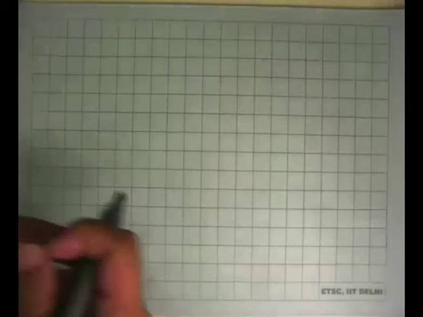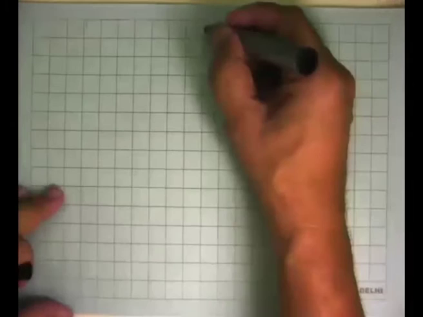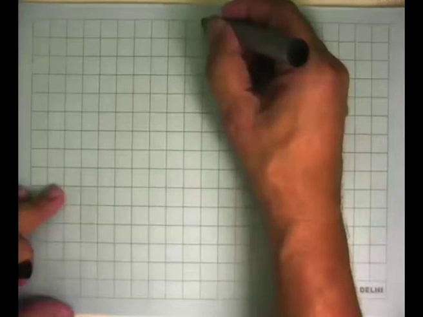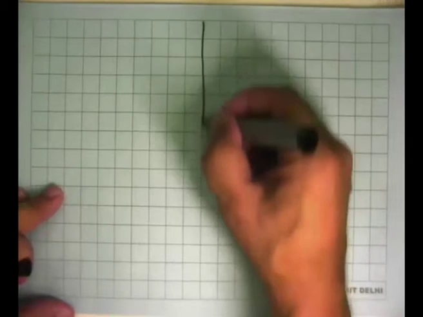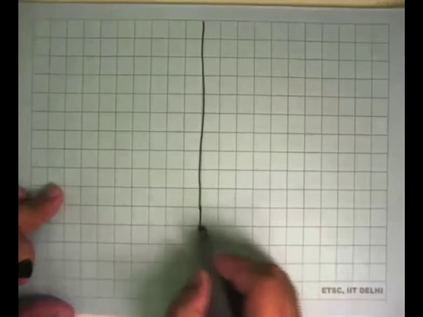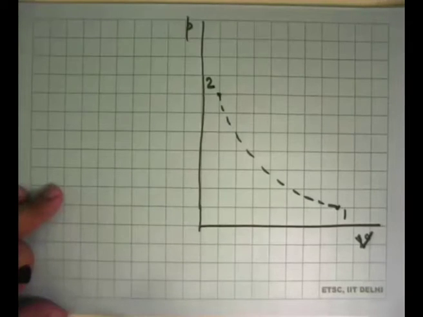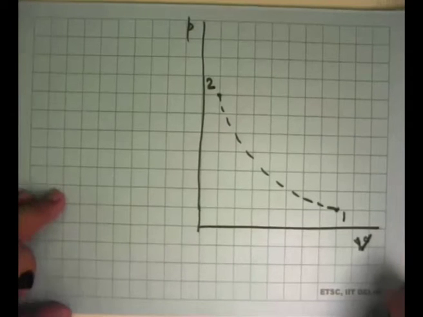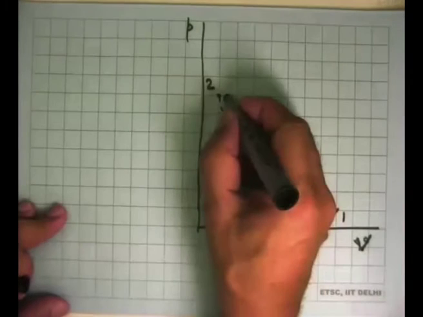The second part was what happens in a diesel cycle. And here the story is slightly different. But the heat addition now is at constant pressure.